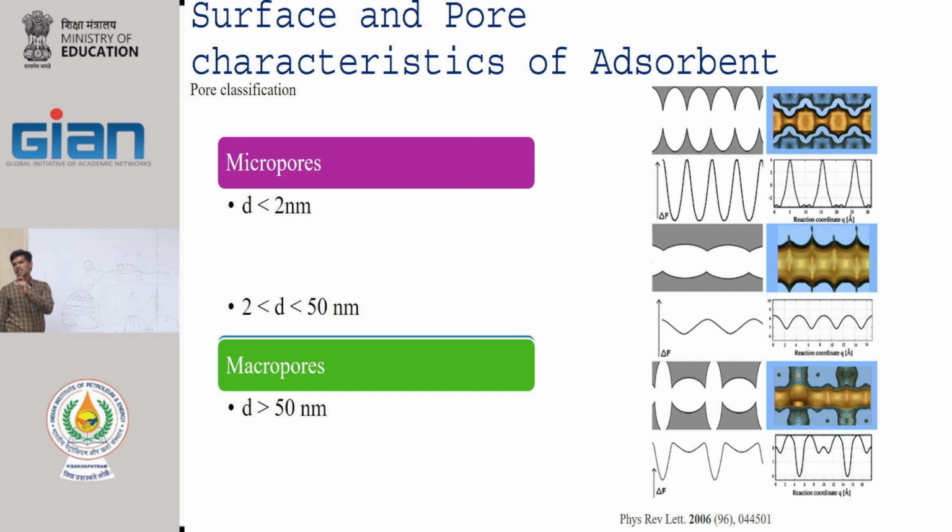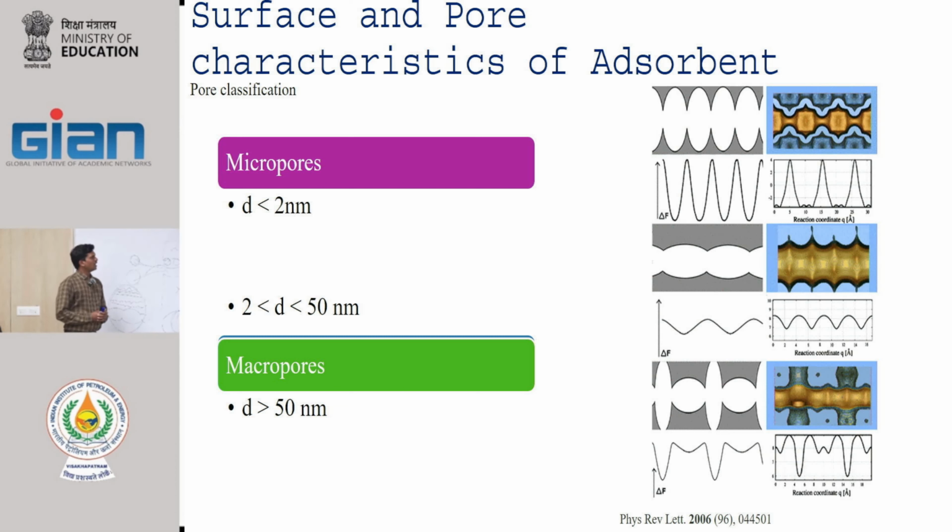Whenever we deal with small gas molecules like CO2, we always deal with microporous material, because CO2 size is roughly 4 angstroms. So we should choose pores around 4 to 10 angstroms. If you choose a bigger one, it makes no sense because it allows everything else. So whenever we want to capture a CO2 molecule, we deal with pores around 1 nanometer or less than 1 nanometer.